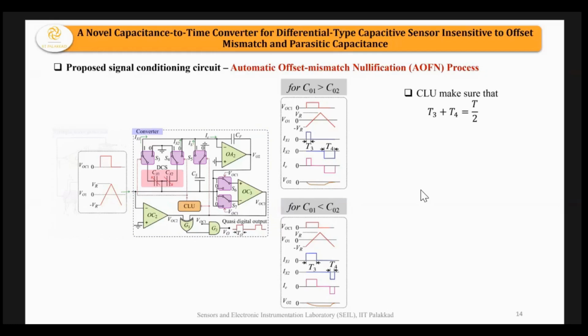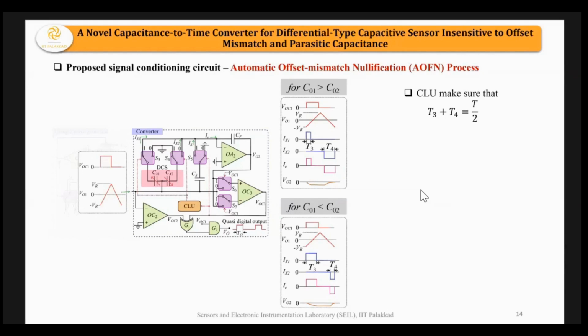The CLU will automatically adjust the on time of CX1 and CX2 to the integrator in such a way that the output will again settle. For example, if the voltage is incrementing, it will shift T3 and T4 accordingly, and it always sets T3 plus T4 equal to T by 2.